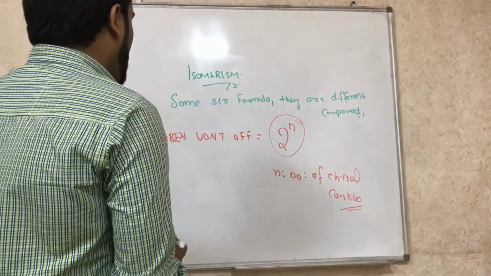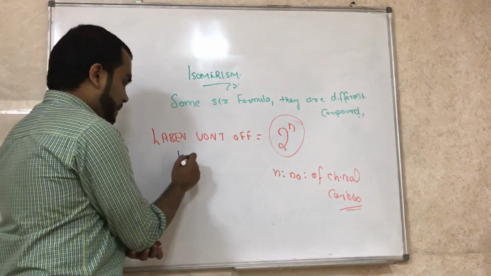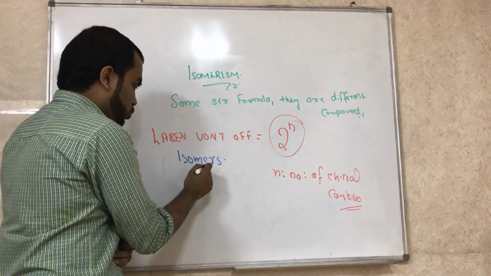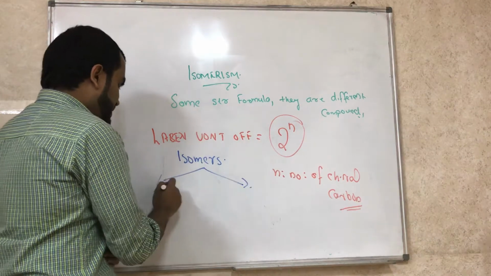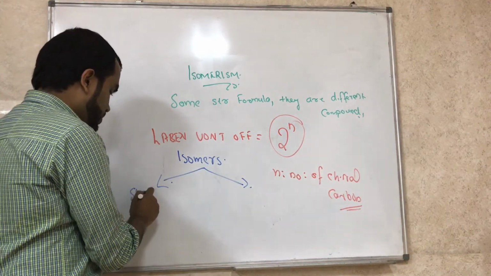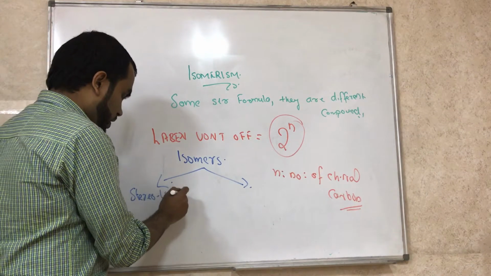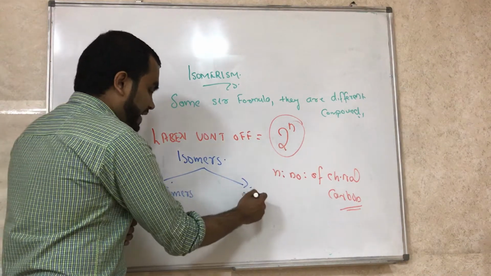Now, we can divide isomers into two: stereoisomers and optical isomers.